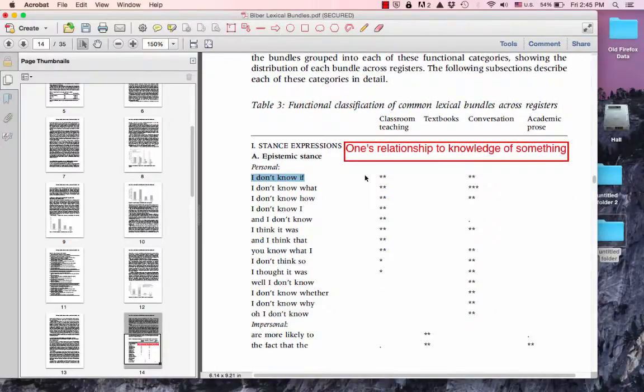And what they found is that in classroom teaching and in conversation, these epistemic stances, lexical bundles, appear a lot, okay? How many times a day does any individual say, I don't know if? Okay, it happens a lot. And the fact that we're fluent, I don't know if, okay, there's a phonological fluency in our speech, that indicates that this whole bundle is actually stored in our minds as a single holistic unit.